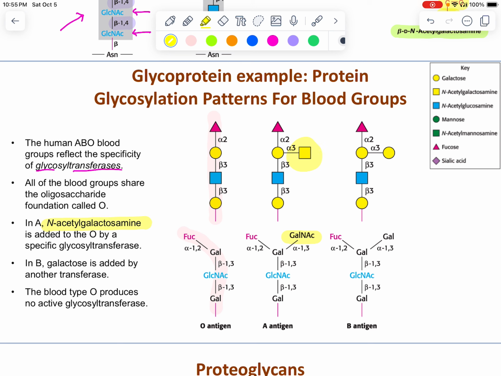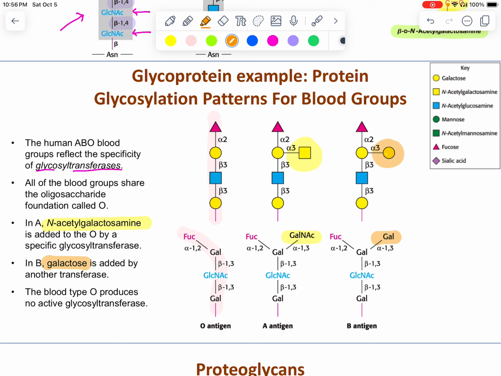And if you have a B subtype, you would add galactose right there. If you have AB, you're going to have the enzymes to add both of those. And then the blood type O has none of these active enzymes.